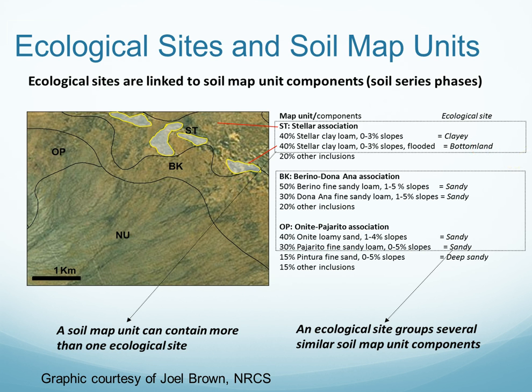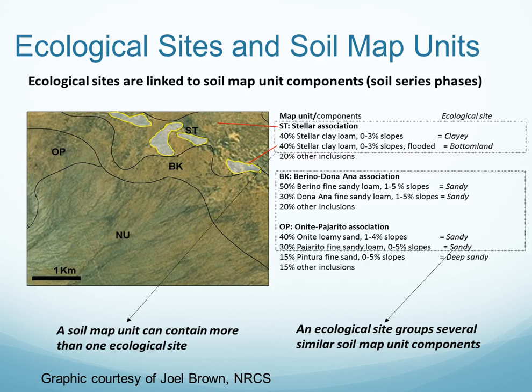We also have ecological sites can be groups of different soil map components. So for example, we see here the sandy ecological site can comprise different types of soils from the Barino-Doña Ana Soil Association or from the Oneinte Pajarito Soil Association.